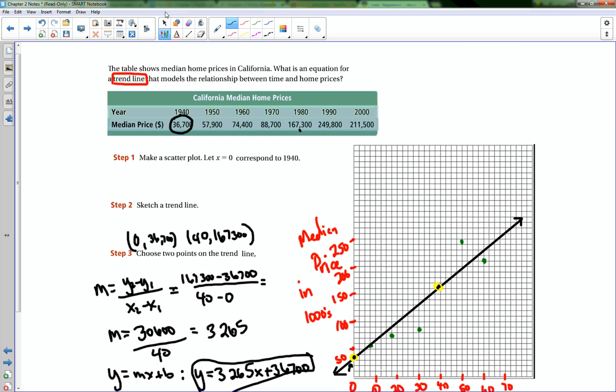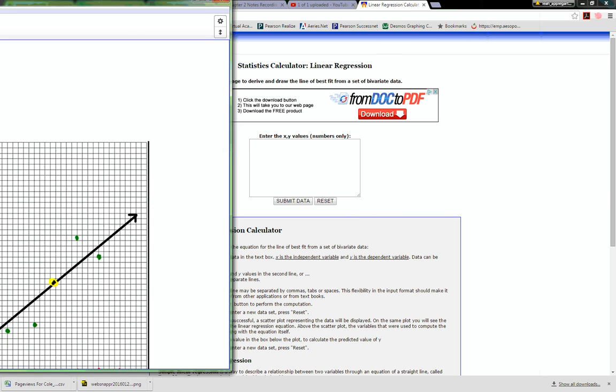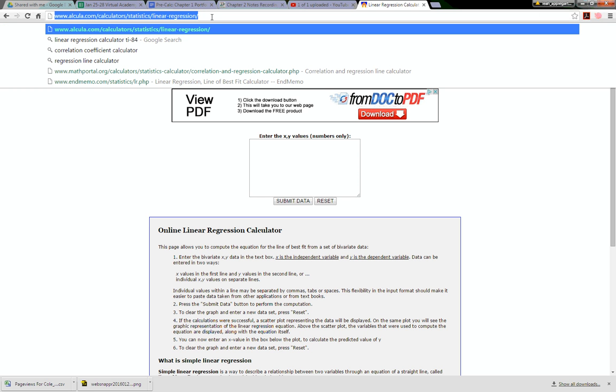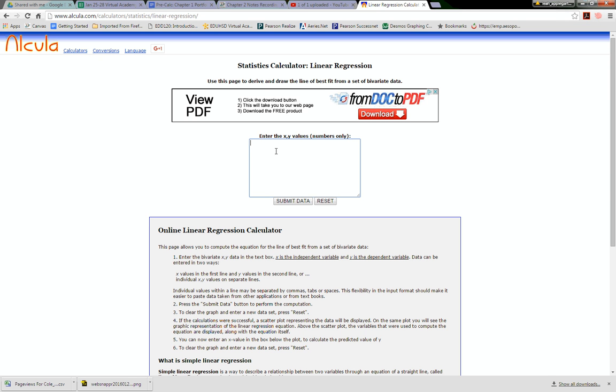So I Googled linear regression, so a linear regression calculator. So if you want, you can take this URL or you can just type linear regression calculator. You have to enter your X and Y values.